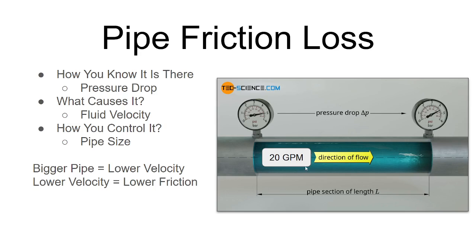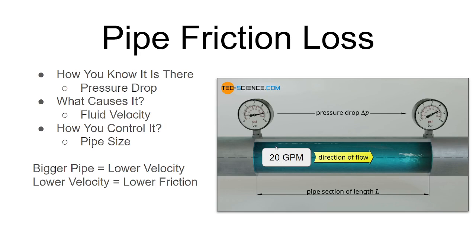When there's flow in a pipe, you get friction. What causes it? It's caused by fluid velocity. When the fluid is moving through the pipe, it rubs against the edge, is one simple way of thinking of it, and it kind of bumps into itself and has a little bit of a hard time moving through really easily.